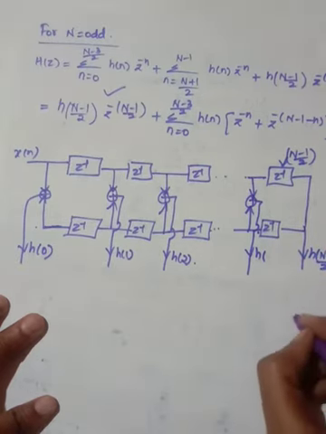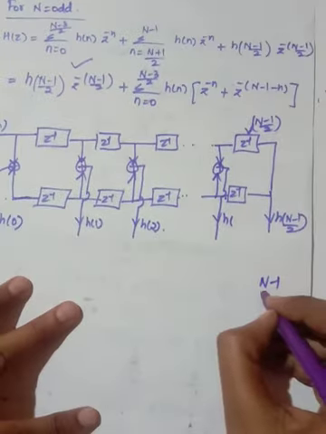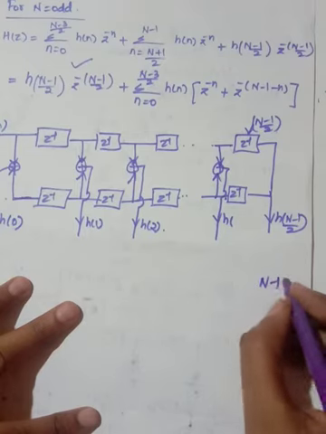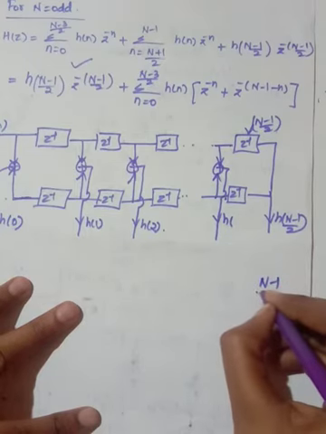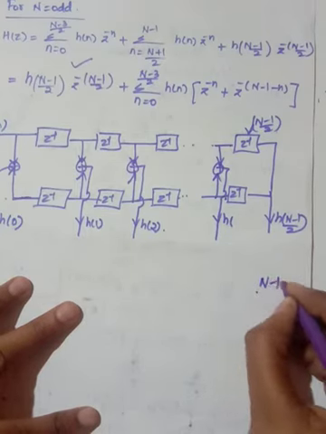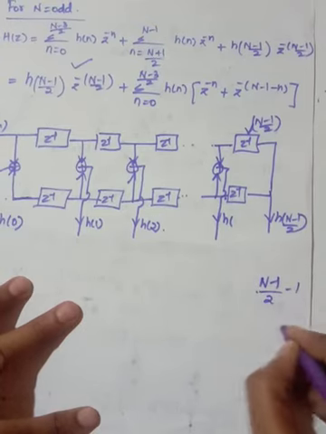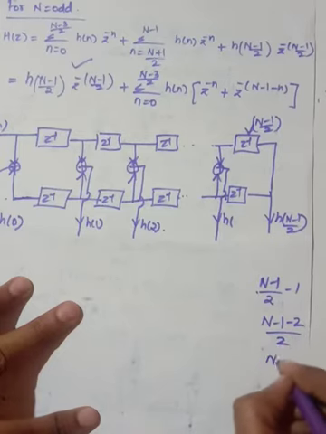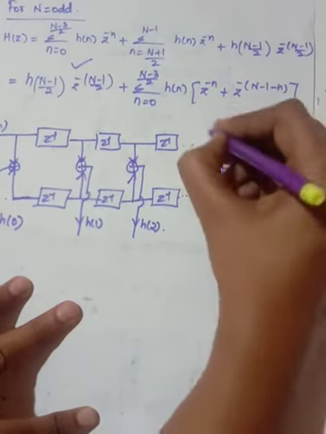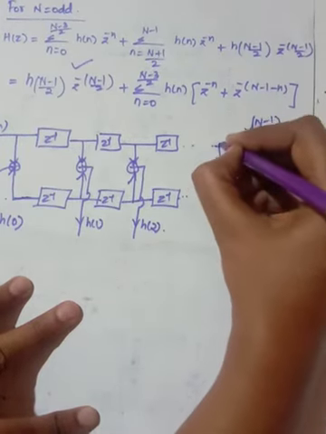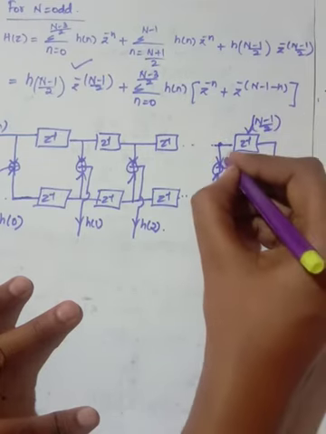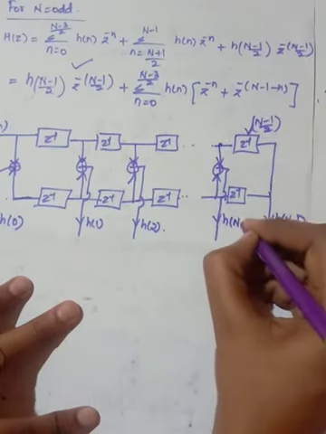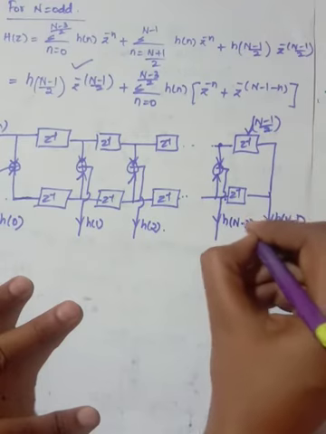So previous of n minus 1, that is n minus 1 by 2 minus 1. So previous value is n minus 2 by 2, so n minus 3 by 2. So this value is now n minus 3 by 2 output. Okay, so here now you will get n minus 3 by 2.